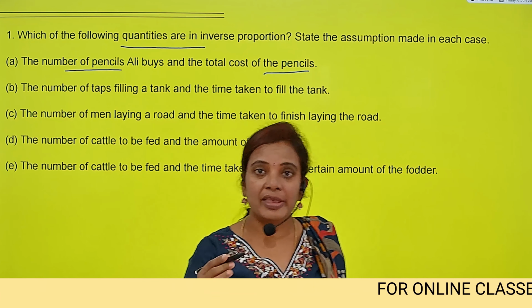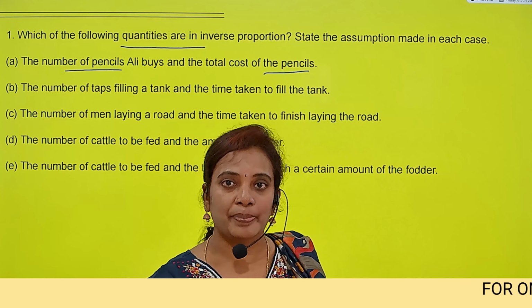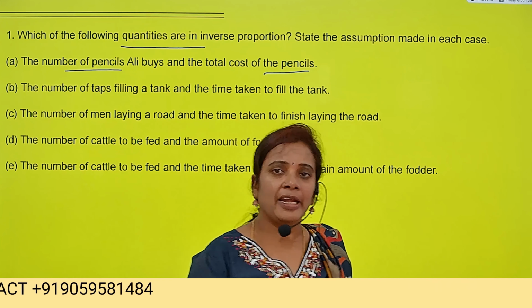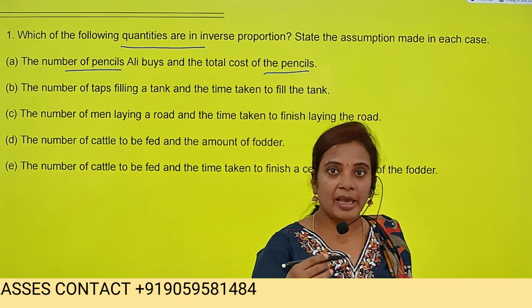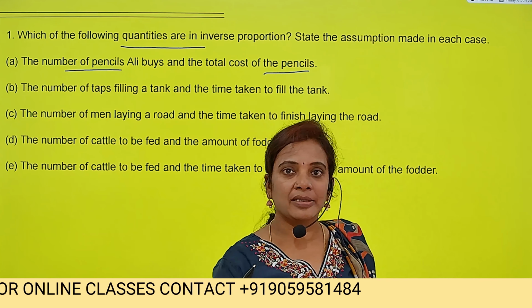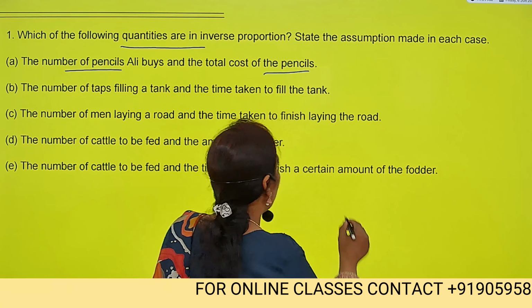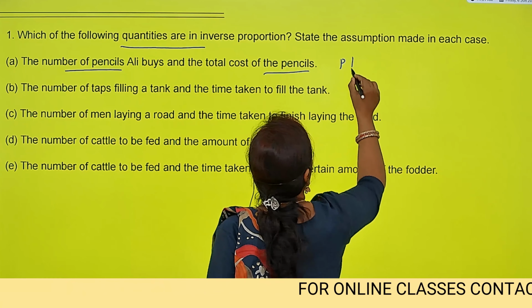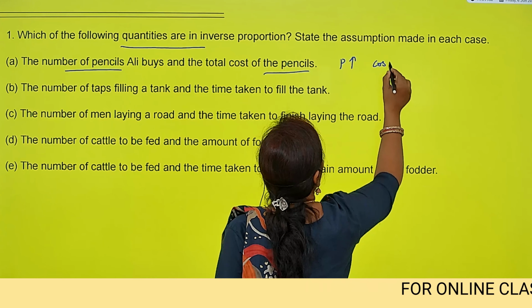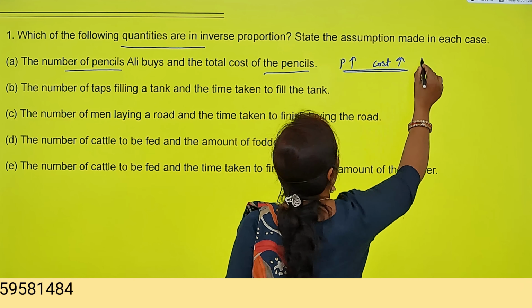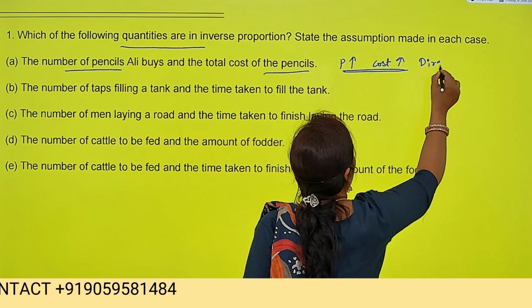If one pencil costs $10, or 10 rupees, or 10 in any currency, and we increase the pencils, then the cost also increases. If both move in the same direction, it is direct proportion.